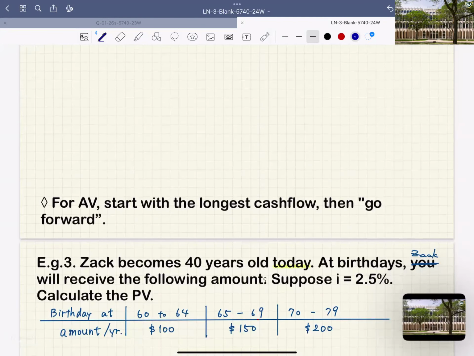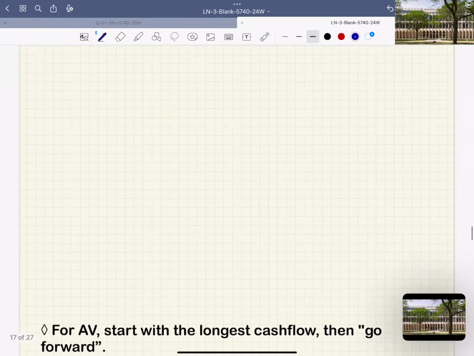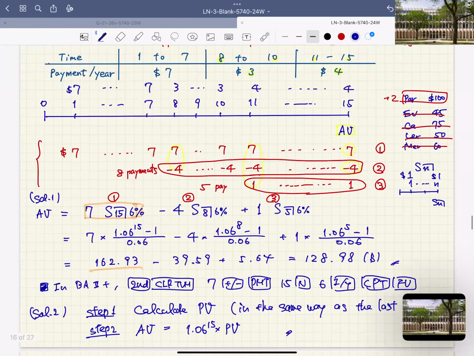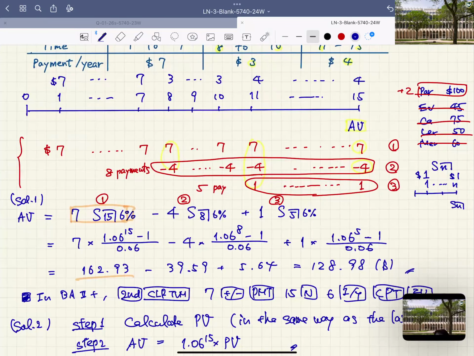Yeah, and the textbook described this algorithm as: start with the longest cash flow, then go forward. So we start with the longest cash flow of $7 for 15 years. Then we make a shorter cash flow.